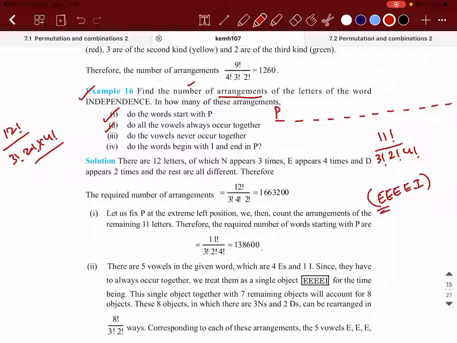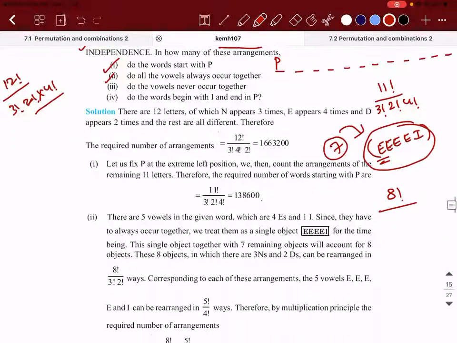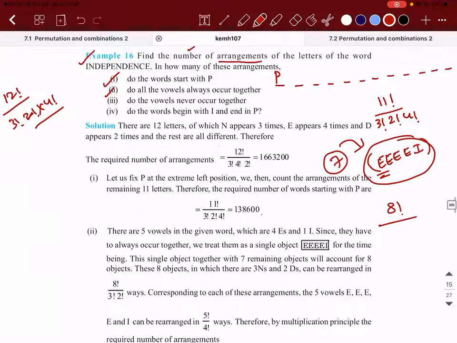So out of the 12 letters that are available, if I remove 5 letters, I have 7 letters in my hand. So 7 consonants plus the combination of vowels put together as one gives 8. So these 8 letters can be arranged among themselves in 8 factorial divided by how many consonants are repeating?